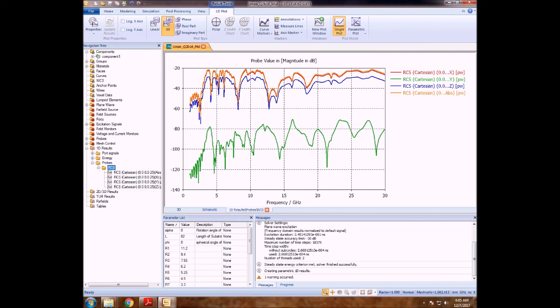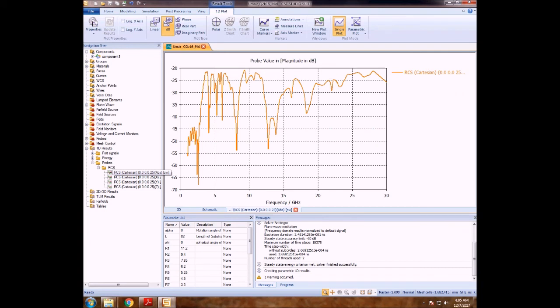This is the RCS signal. In this graph, the graph is very irregular and we got many dips between 2 to 10 gigahertz, but we got 1, 2, 3, 4, 5, 6 main dips.